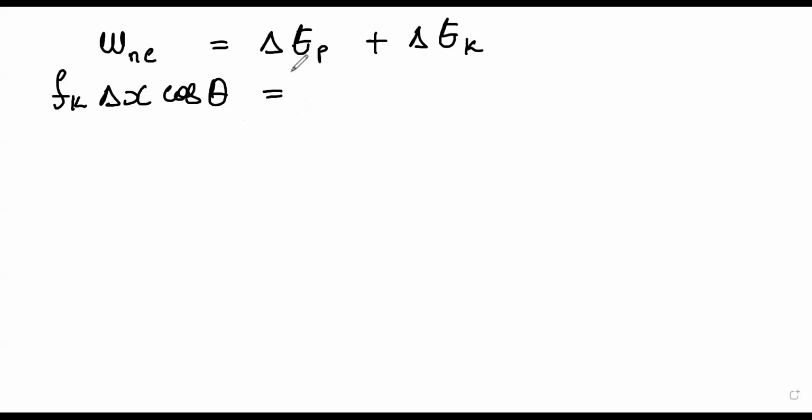For your change in potential energy, well, you're simply going to say it's the final potential energy minus zero, because remember, the initial potential energy is zero because the initial height is zero. The point P is just on the horizontal plane.